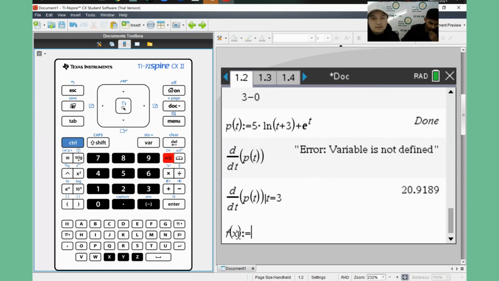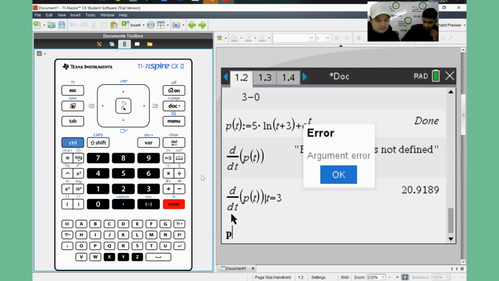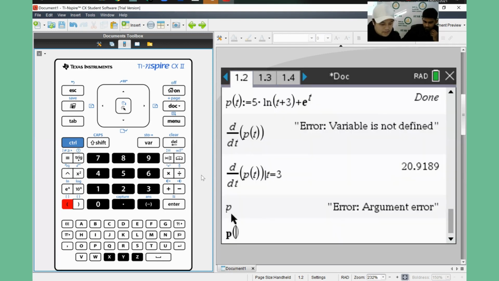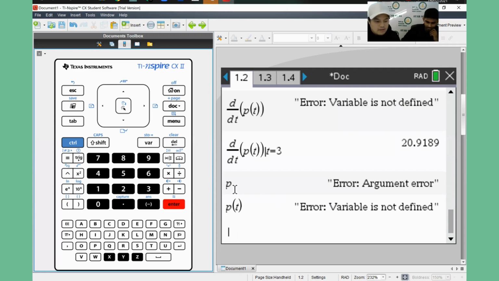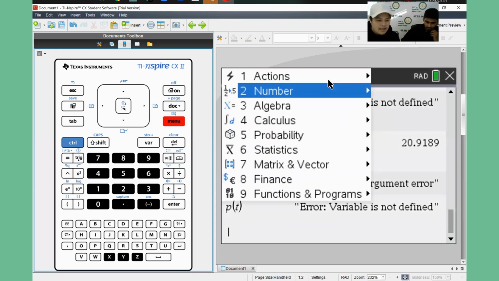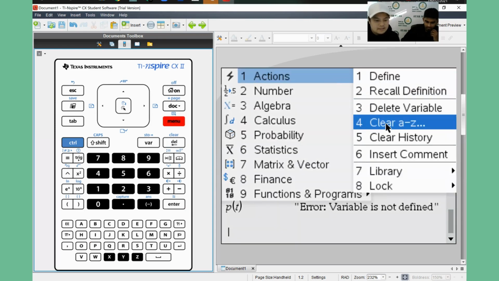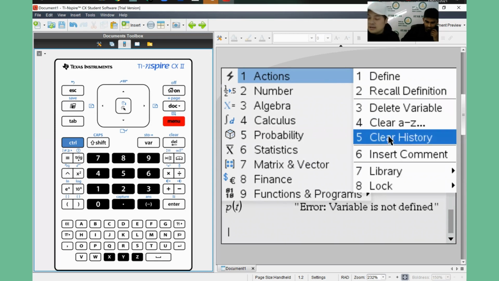If I don't want this variable anymore, I don't want P. Can you see when you type P, it is bold, which means already defined? I don't like it. So what you can do is menu, action, clear variable.